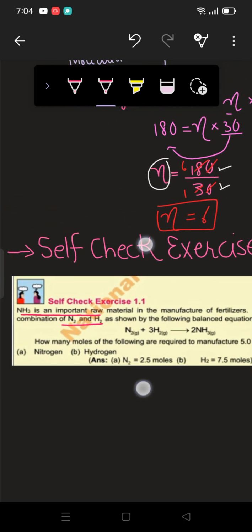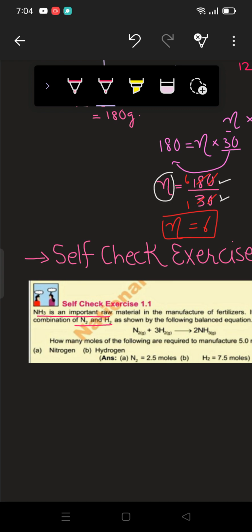The examiner can give you anything, he can confuse you, but you don't need to be confused. You need to understand the meaning of the question, what they are asking about.